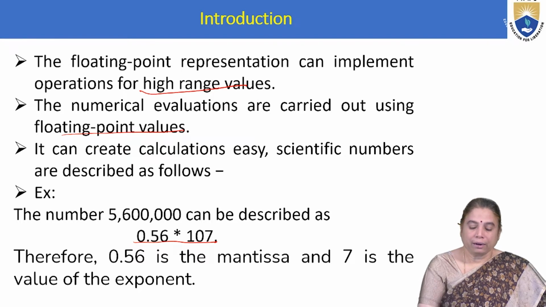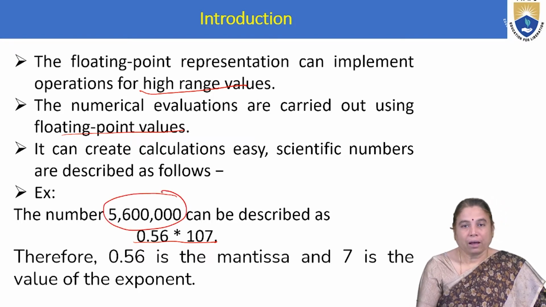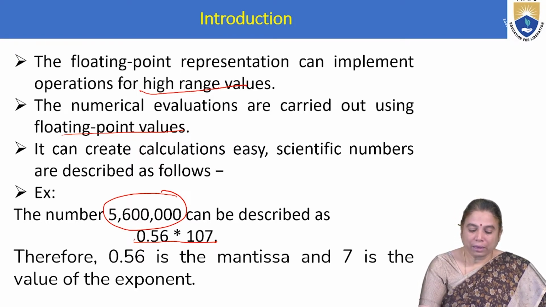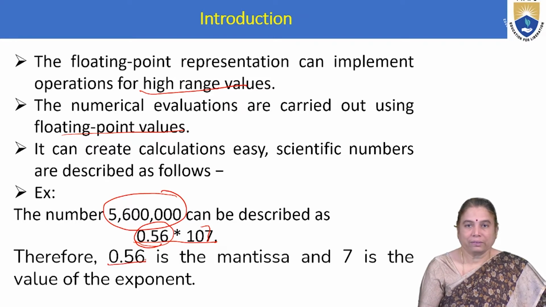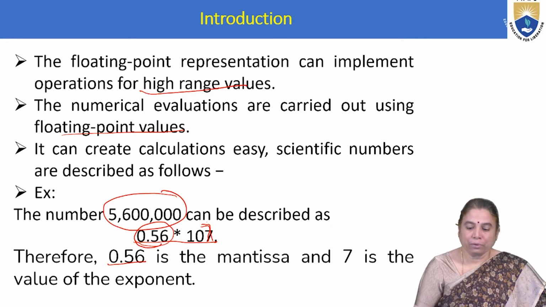For example, to represent a large number in scientific notation, 0.56 times 10 power 7 can be used. Here 0.56 is the mantissa and 7 is the exponent value. So numbers can be represented in this way, the scientific notation.